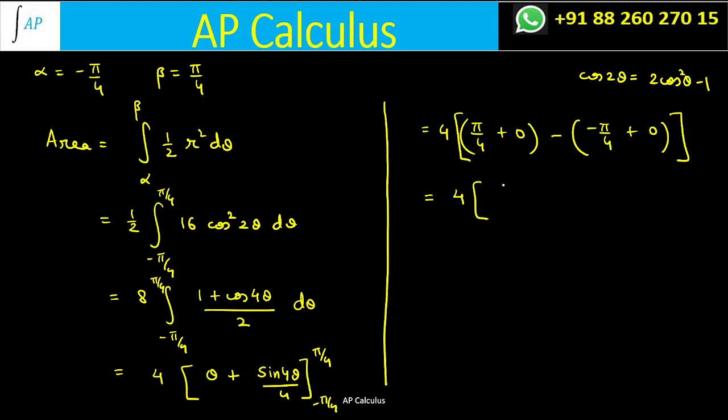So finally you will be getting pi by 4 plus pi by 4, that will be pi by 2, and multiplied by this 4, that will be 2 pi. So the final answer will be 2 pi square units. That is the area bounded by one petal. If you want to find the total area, that will be 2 pi times 4, that will be 8 pi.